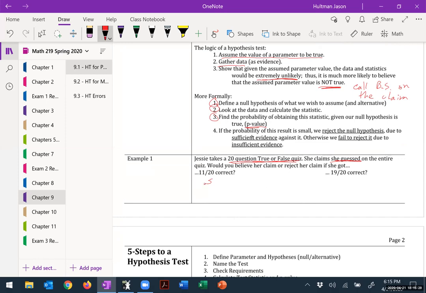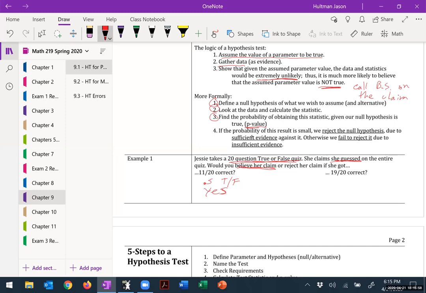On a true-false test, the chance of randomly guessing a question correctly is 1/2, 50%. If she did that on every question, she could presumably get about half of them correct. So would you believe her claim if she got 11 out of 20 correct? Yeah, that's believable.